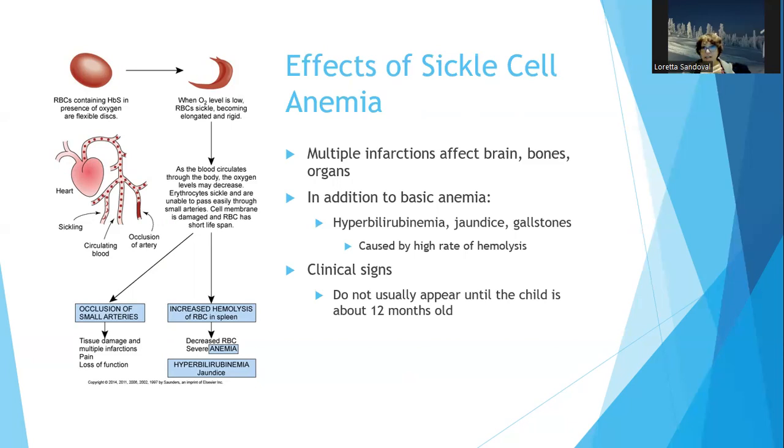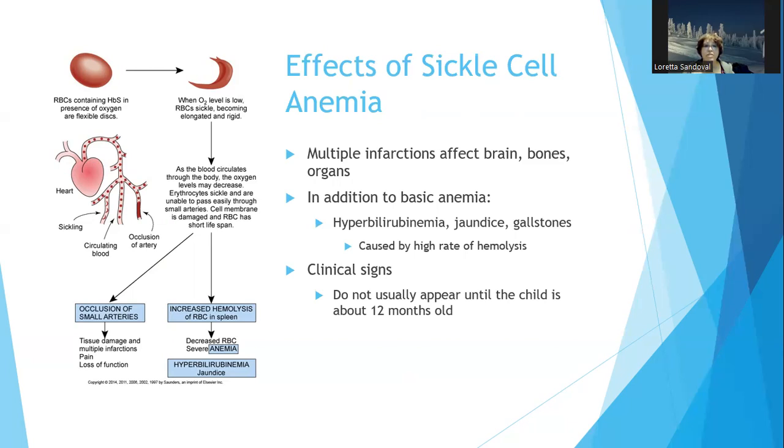Jaundice, which is the yellow skin condition, and gallstones, which is buildup of minerals and materials in the gallbladder, and we'll talk about gallstones more in the digestive chapter. All of those things are caused by high rates of hemolysis.